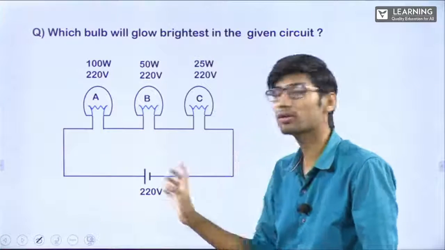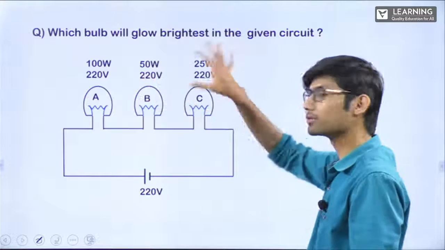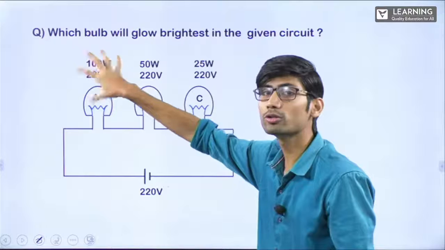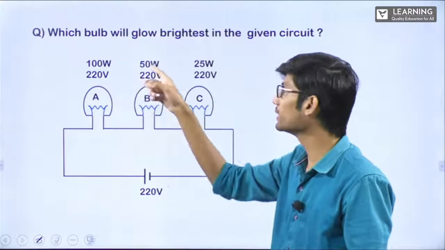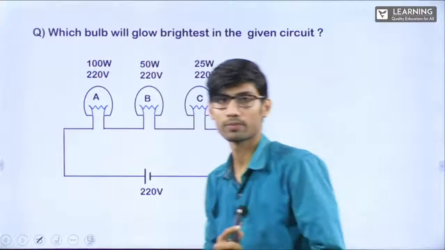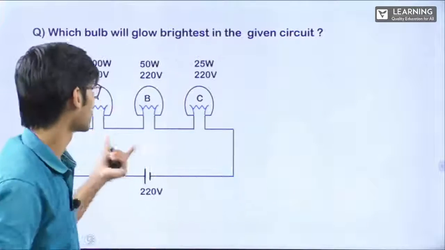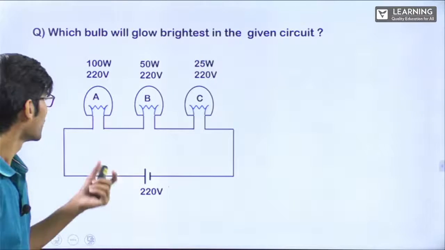The sum of all the V's will be 220 volt, correct? Some voltage this will take, some this will take, some this will take. So this is not taking full 220 volt, so this will not give full 100 watt power, correct? Neither this will give full 50 watt, neither this will give full 25 watt. It depends how much voltage they are getting, how much potential drop is happening across them, right?